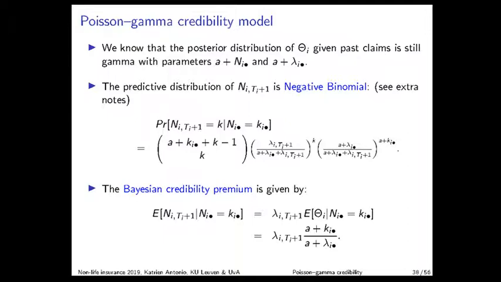And once again, you see the credibility or posterior premium as the prior premium for policyholder i in period t_i plus 1 multiplied with the ratio of A plus the sum of the number of claims reported and A plus the sum of the prior premiums.